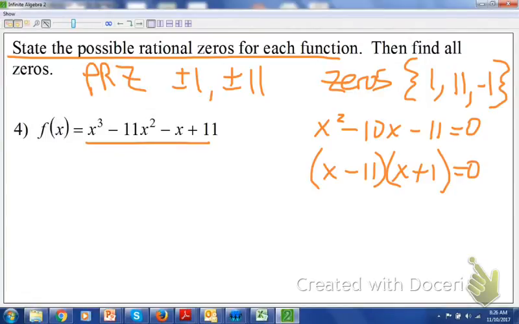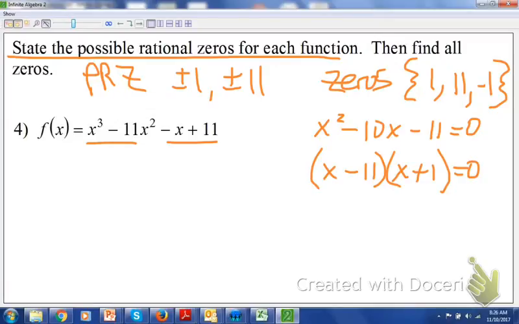How are you taught to factor 4-term polynomials? Because I want you to think about factoring as a possibility for solving these equations, okay? How would you factor this 4-term polynomial? By doing what? This is coming up on the exam again, right? So we've got to remember all of our factoring skills.